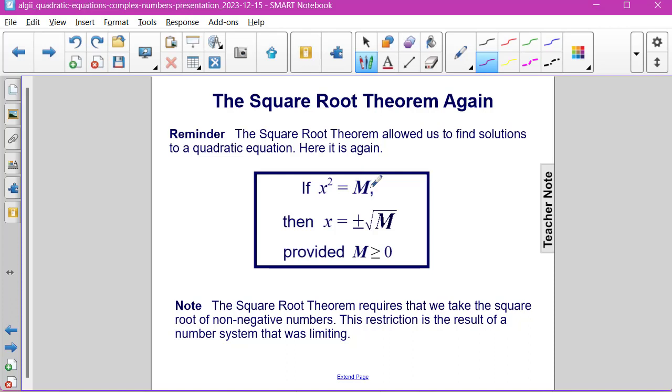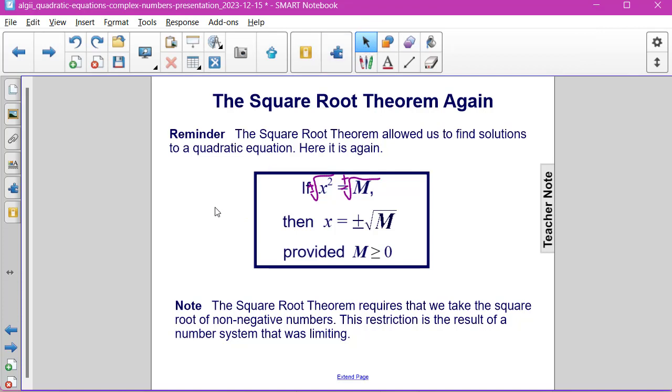If x squared is equal to m, then we can square root both sides of the equation, and when we square root both sides, that's when we take plus or minus. So x is equal to plus or minus the square root of m, provided that m is greater than or equal to 0. It's worth noting that the square root theorem requires that we take the square root of non-negative numbers, and this restriction is the result of a number system that was limiting.